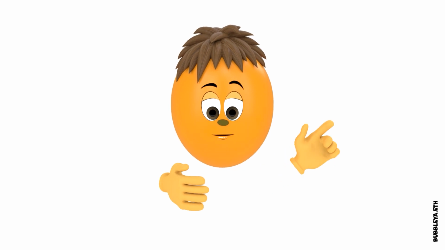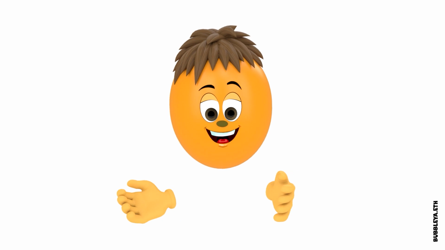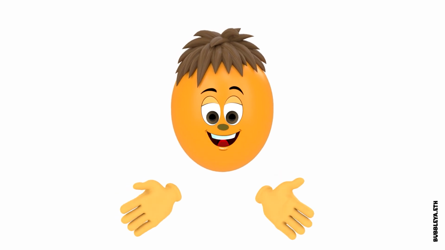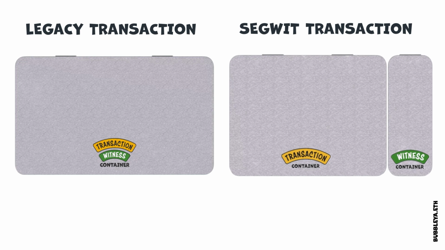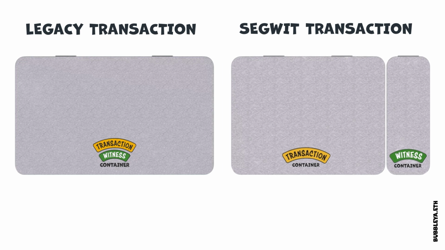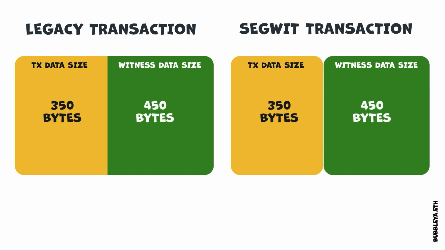Let's look at an example to see how the SegWit upgrade affects transaction costs by changing how transaction size is calculated. We calculate the weight unit of two transactions. The first is a legacy transaction, and the second is a SegWit transaction. Both transactions are the same size, with the transaction data being 350 bytes and the witness data being 450.